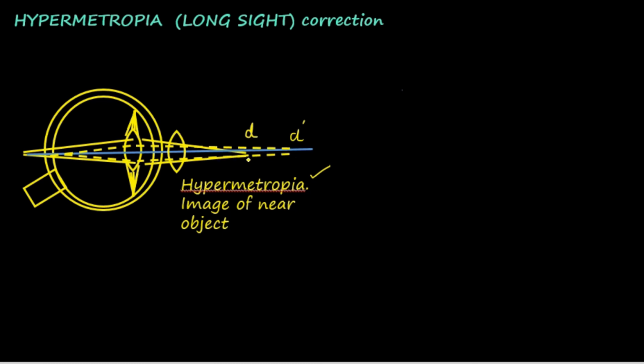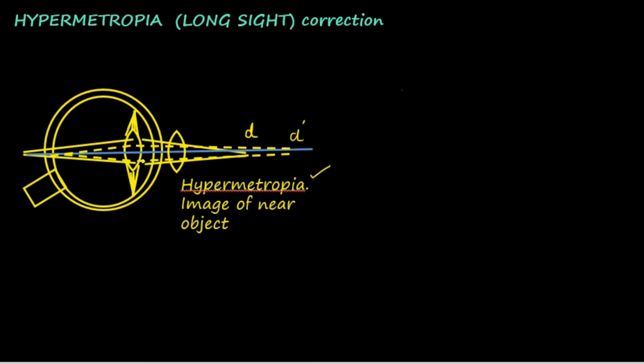Without the convex lens, the solid lines show image formation. It is behind the retina because the eyeball is shortened in their case. And when the lens is used, this lens further converges the rays before striking crystalline lens. You can find here these dotted lines are inside the solid lines.